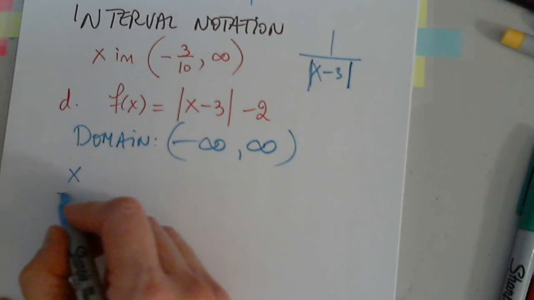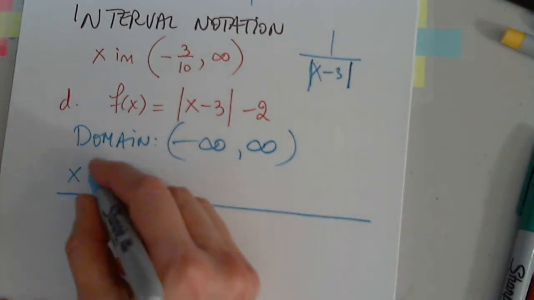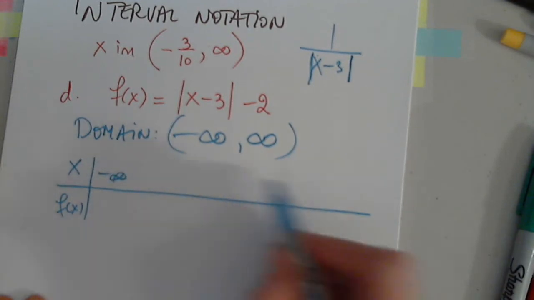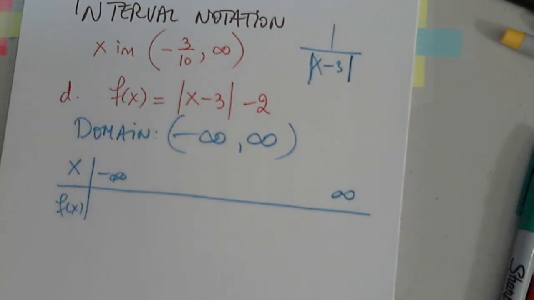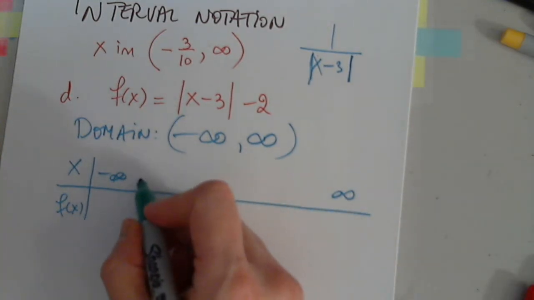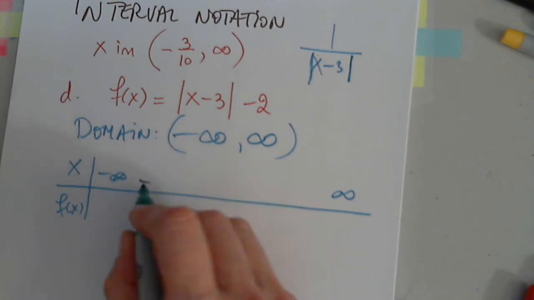Okay, so we create a table. The domain is anything. And I will, Josh, give me some values for x. Just x values, not too big. Let's start with a negative.